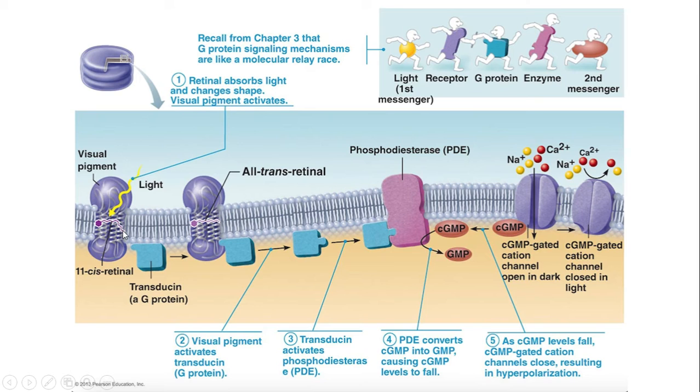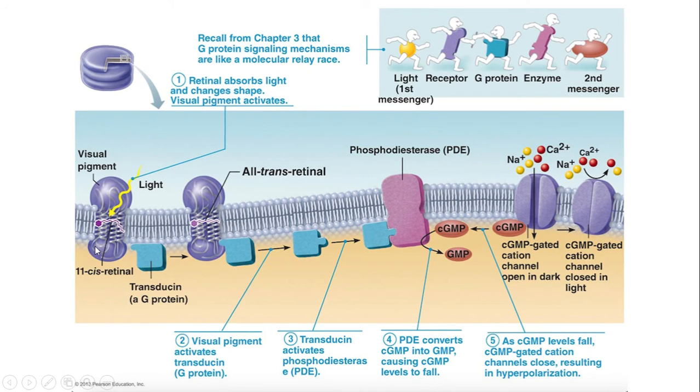Remember, that's the light absorbing molecule. When it absorbs the photon, when it absorbs the light, remember the conformational change, that changes its bent shape to the all-trans retinol. Okay, but when the light is absorbed, this actually activates the pigment.